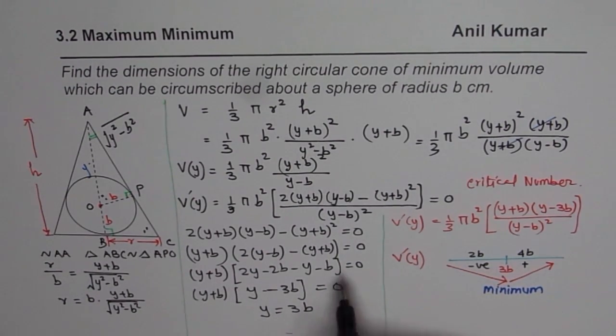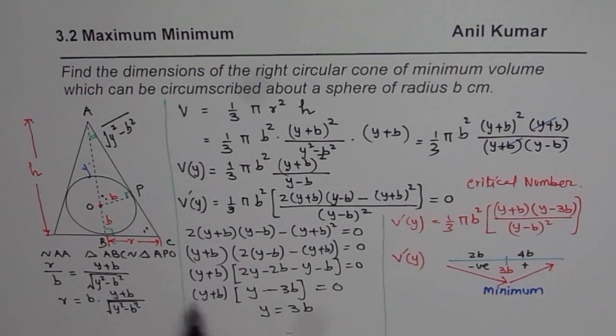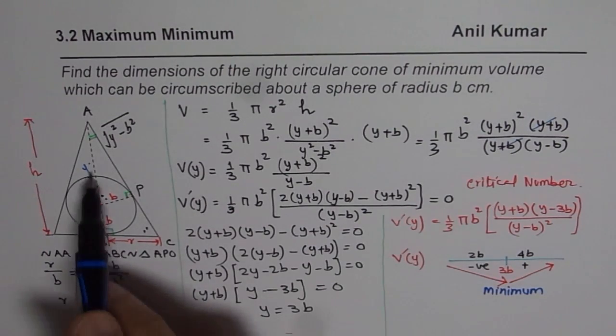So in general, we will say that the radius, now we can find the radius using the formula here, y equals 3b we will substitute, and height will be equal to b plus 3b.